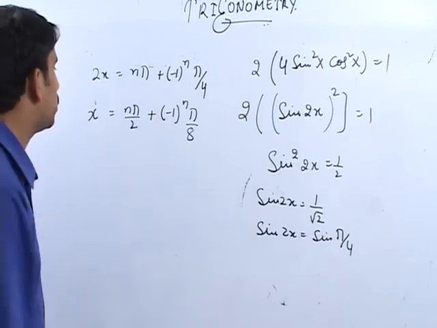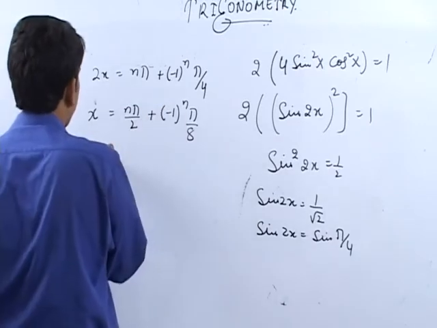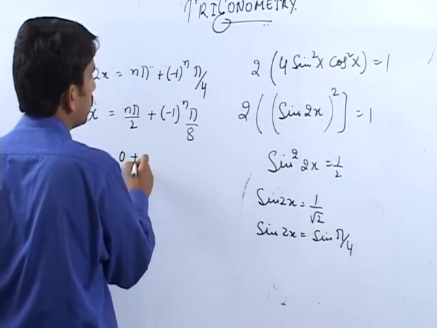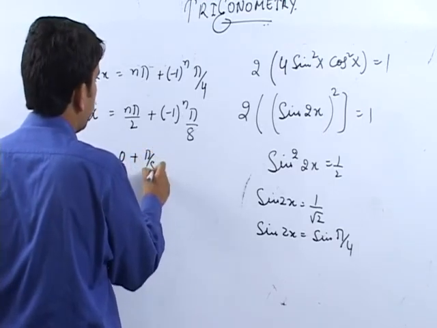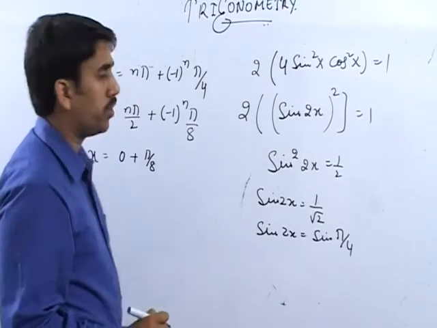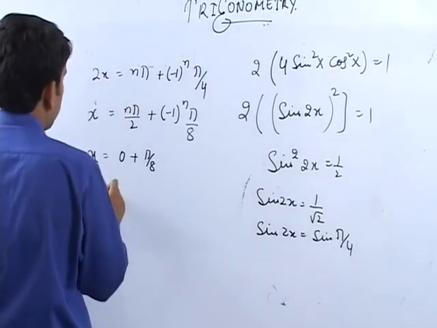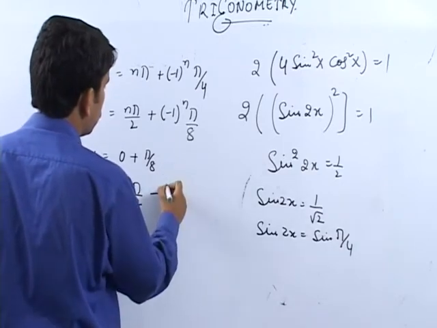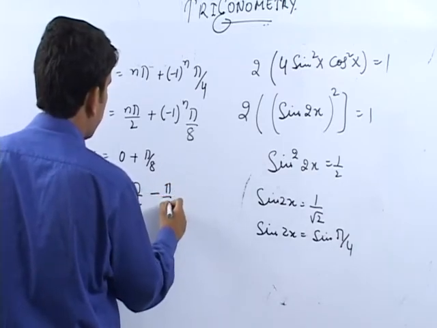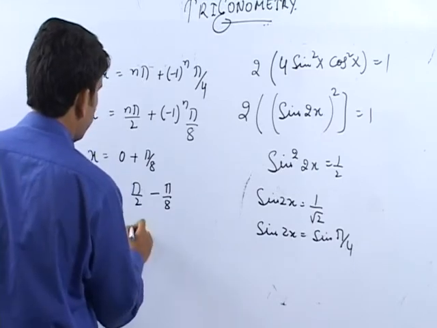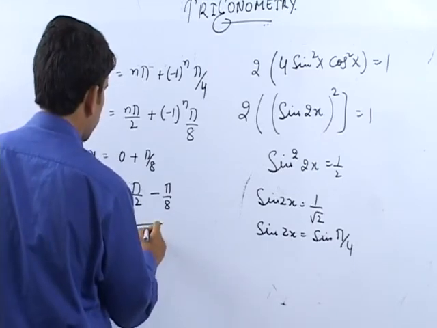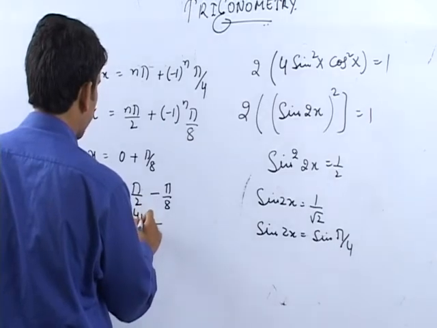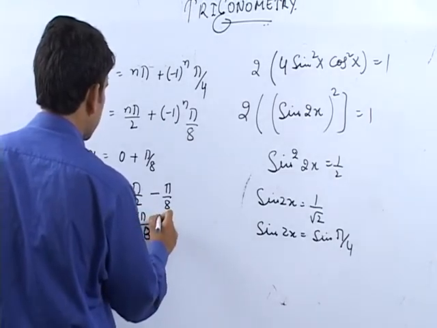When you will put n is 0 here, you will get x is equal to 0 plus pi by 8, and when you will put n is equal to 1 here, you will get pi by 2 minus pi by 8, and this will be equal to, 8 is the LCM, this will be 4 pi minus pi.